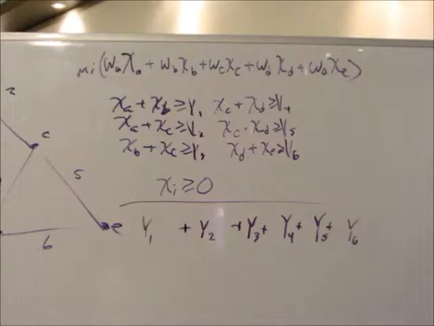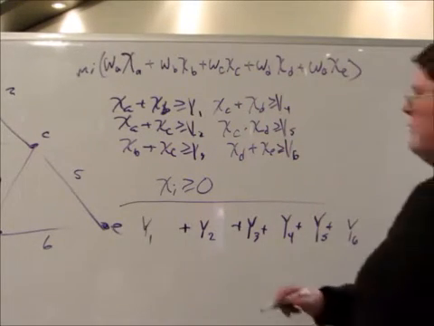So I have these new variables, and they're going to correspond to each edge. And then I'm going to take the weights from these variables from the corresponding constraints here. Okay?